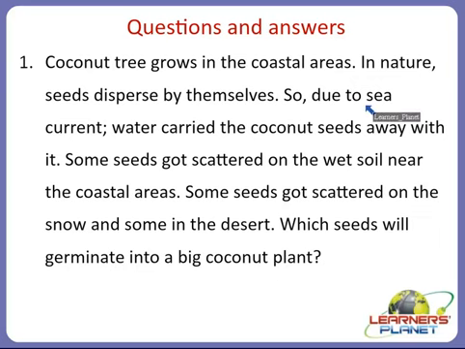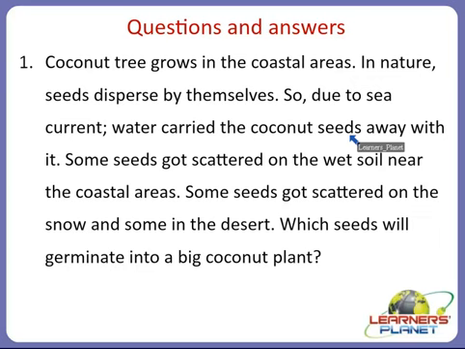So as we can see, a condition is applied in this question: due to the sea and ocean current, water is able to carry the coconut seeds away, and coconut seeds get transported from one place to another. Now, which are the places mentioned here?